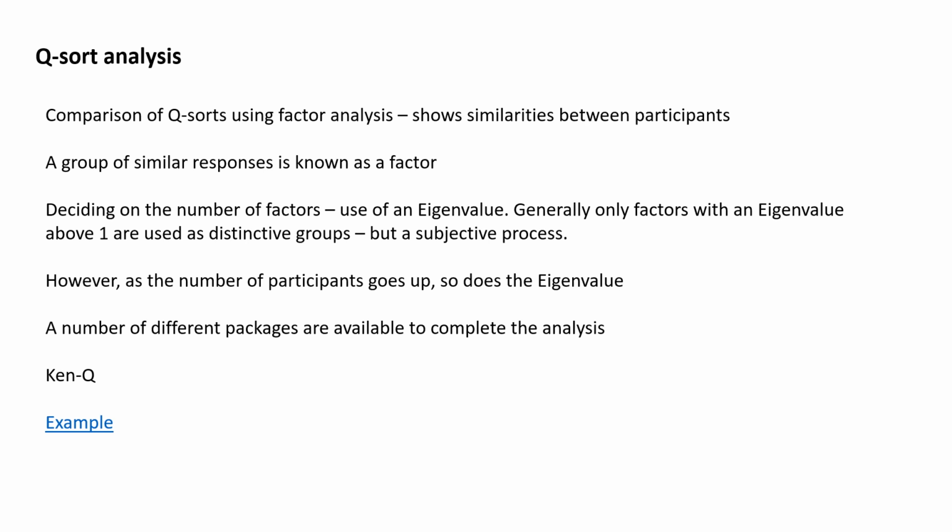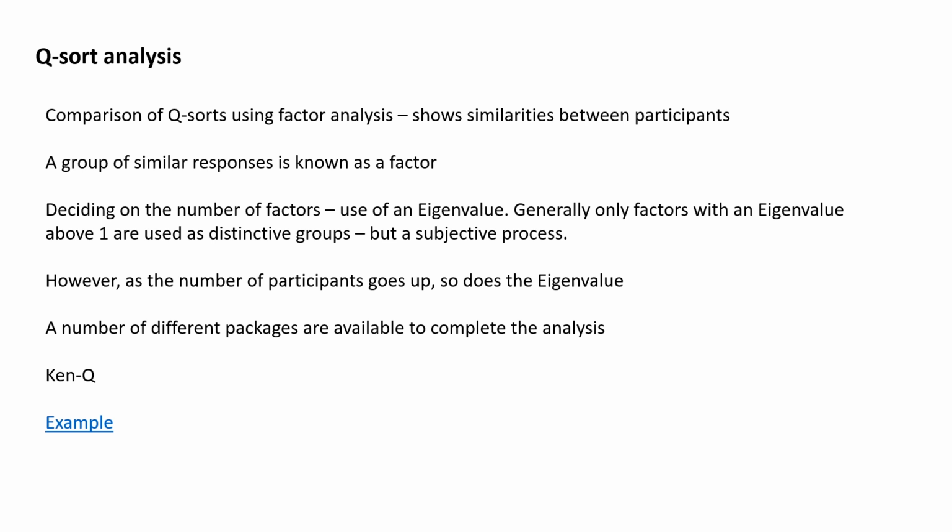They sort their concourse out, and then in terms of analysis, the main form of analysis is to compare the Q sorts between individuals using factor analysis. And factor analysis allows you to show similarities between participants. So it allows you to begin to identify which participants are similar to one another, and by implication those that are different.